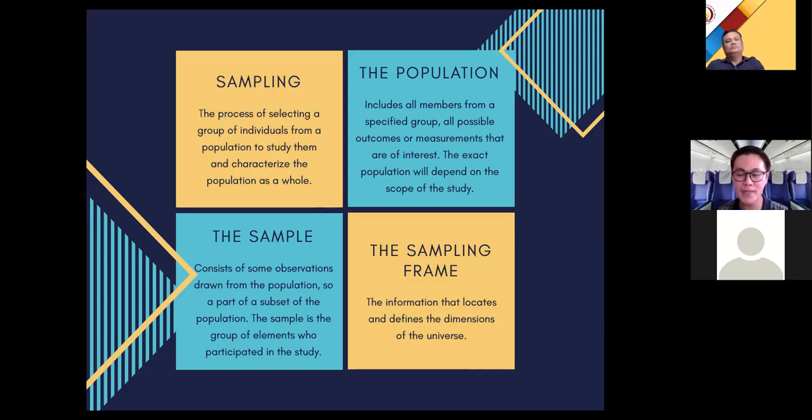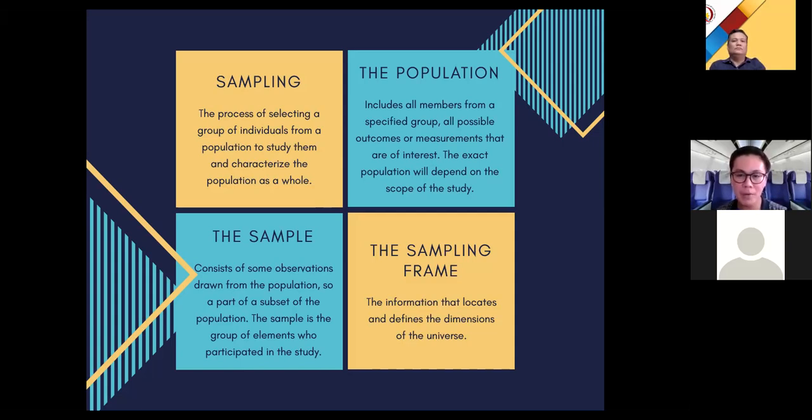So kumukuha tayo ng sample doon sa population wherein ma-meet natin yung tinatawag natin basis natin to estimate and predict the prevalence of a known piece of information doon sa ginagawa natin research study. Okay. So population includes all members from a specified group, all possible outcomes or measurements that are of interest.